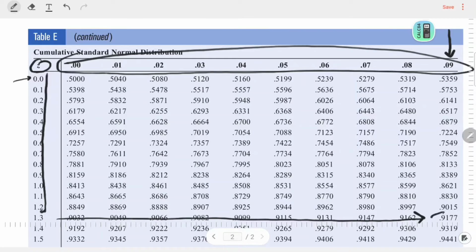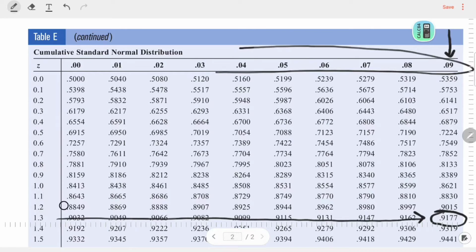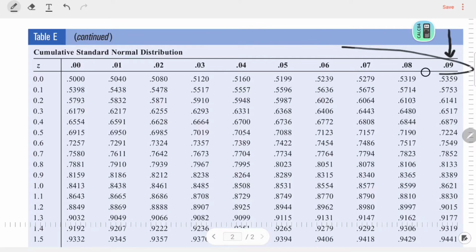And that is our probability, 0.9177. So yes, that is how we find the probability of the z-score.